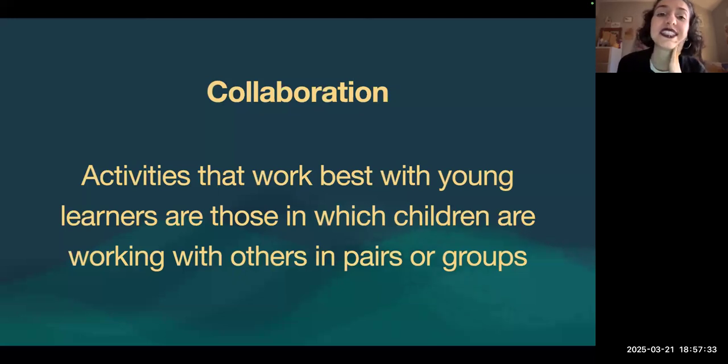Another important element is collaboration. Activities that work best with young learners are those where children are involved and they are working with each other. What I really like is small group activities, because peer discussion sometimes can be a little bit limiting.